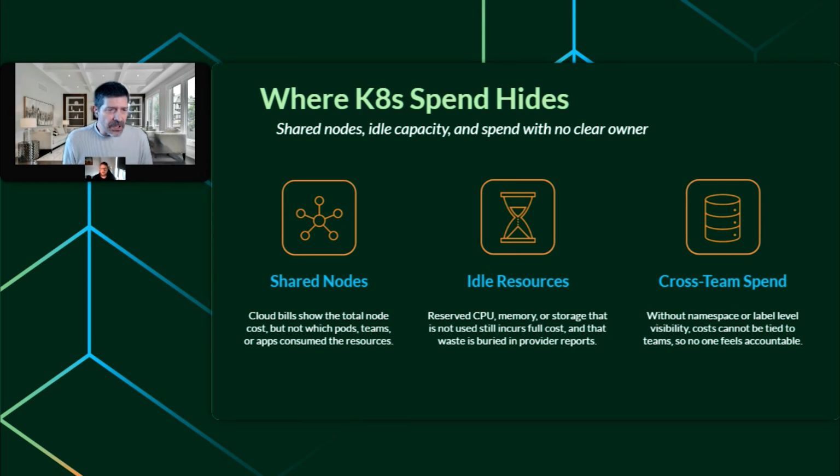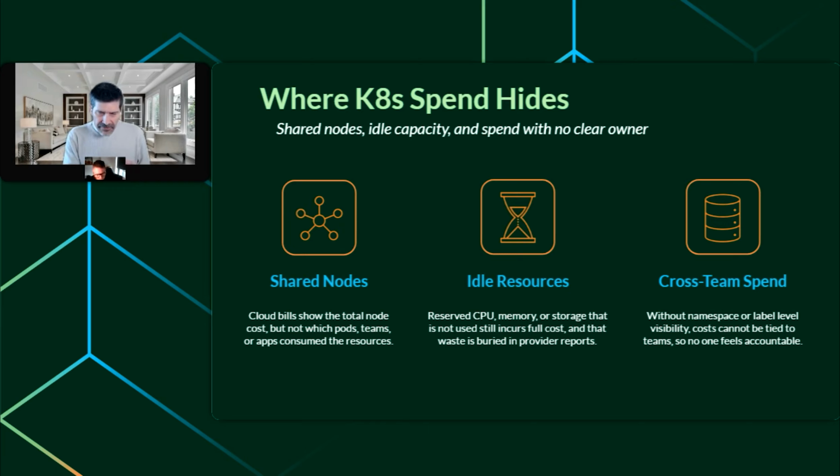First is in shared nodes, right? Your cloud bill might tell you how much you spent on compute for that node, but not who used that compute. It also is going to give you really high level attribution, not workload level attribution. So you don't get to know what jobs, what services were responsible for consuming that compute or consuming those resources.